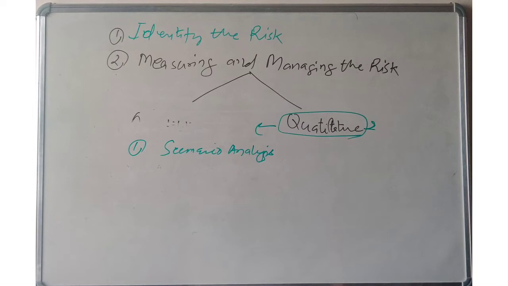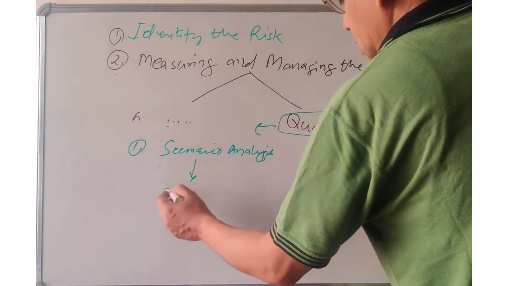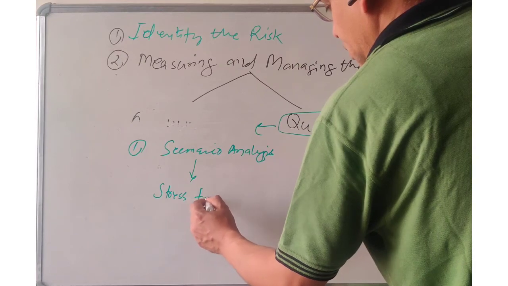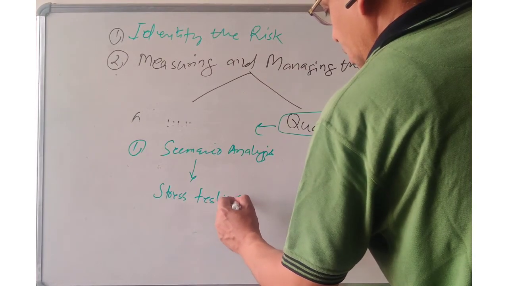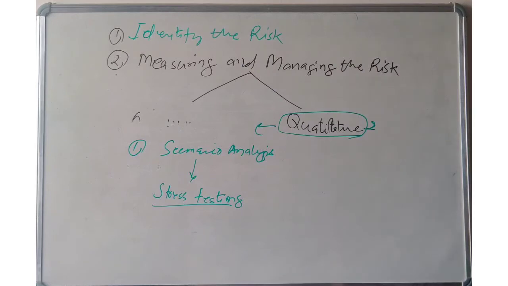In addition to scenario analysis, there is one more test that a company can do to measure the risk, that is stress testing. Stress testing is a form of scenario analysis, but in stress testing only one parameter at a time is adjusted, not all the variables at one point of time.